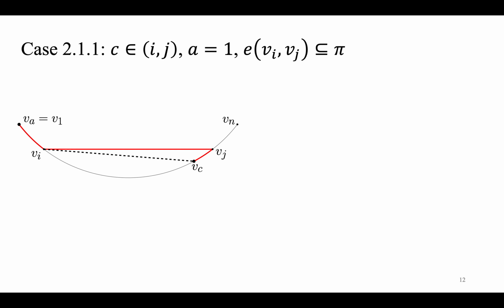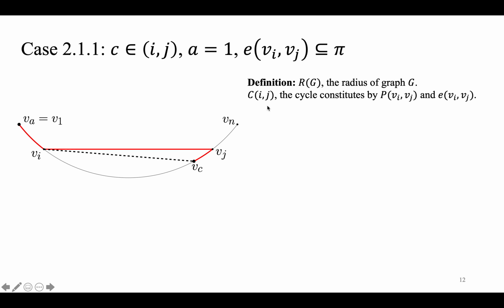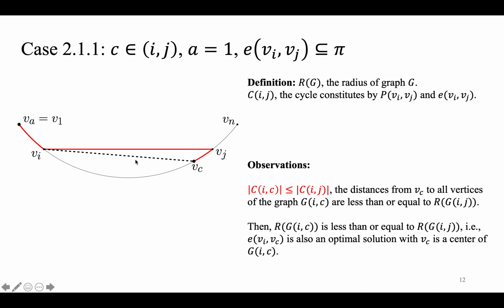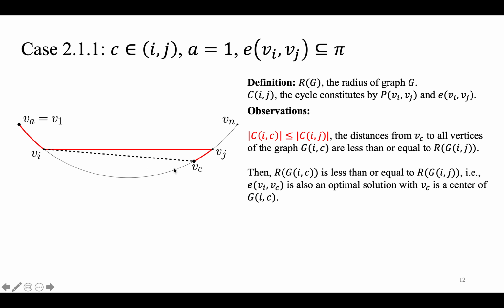Next, for case 2.1.1, the center lies on the subpath between Vi and Vj, and the farthest vertex is V1. And the newly added edge EVi-Vj belongs to the shortest path between the center and the farthest vertex. We define Cij as the cycle constituted by the subpath between Vi and Vj and the newly added edge EVi-Vj. We have an observation that if we connect Vi and Vc, then the length of the cycle Cic is less than or equal to the length of the cycle Cij.